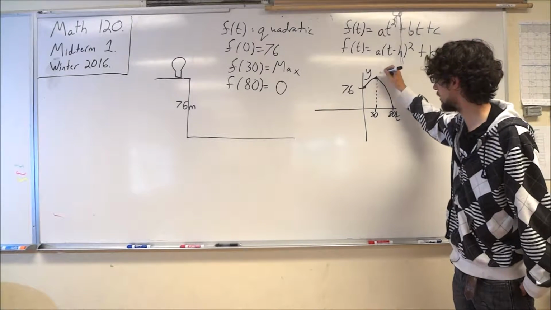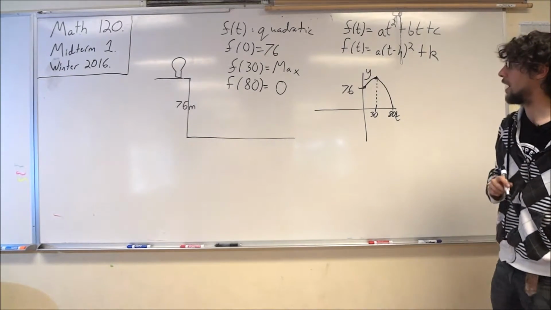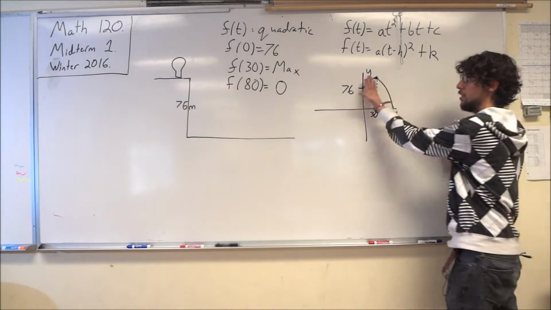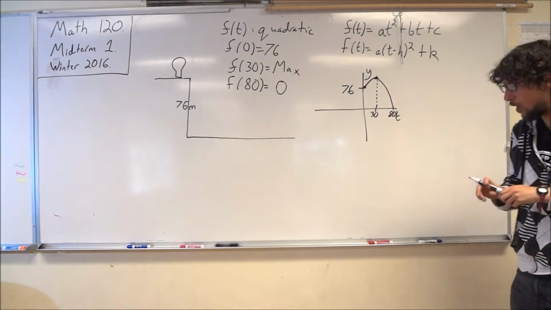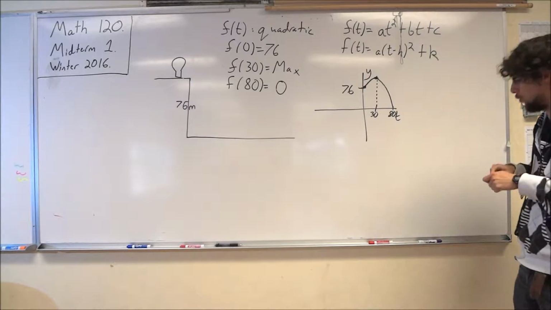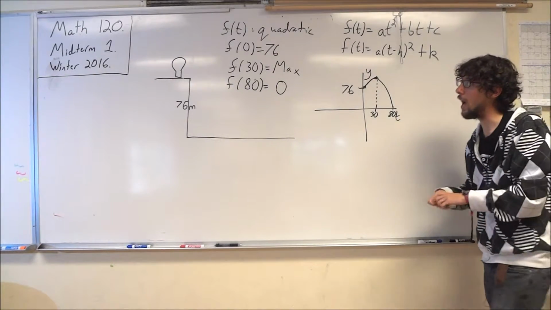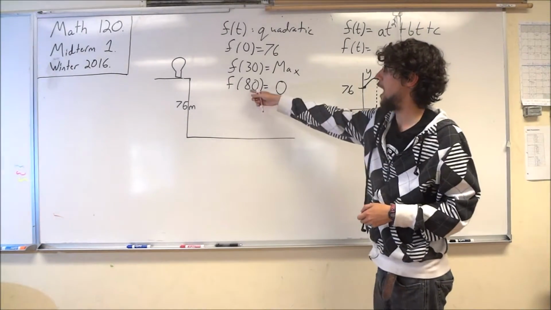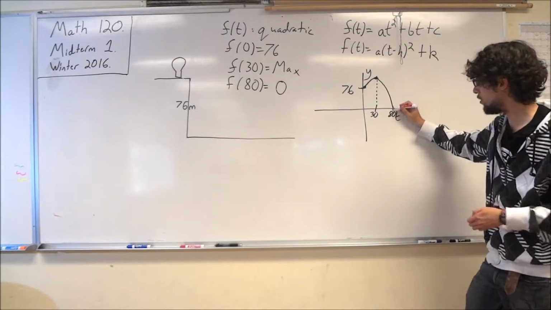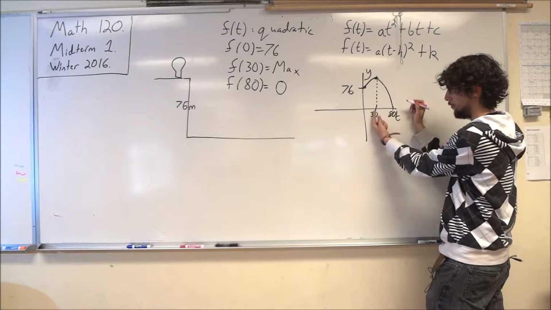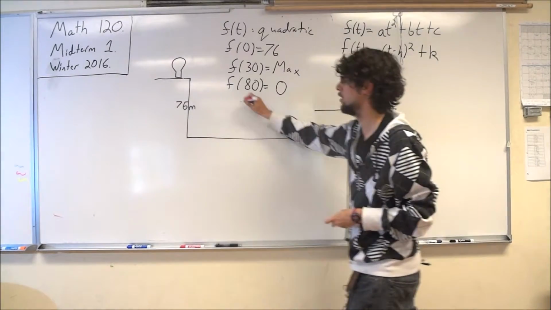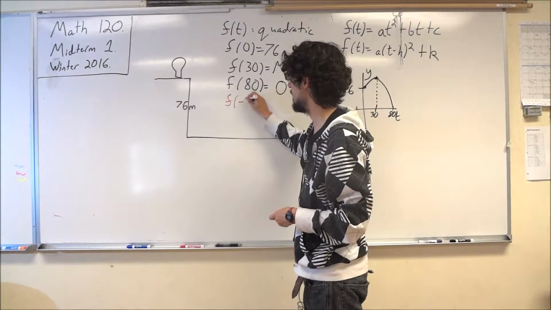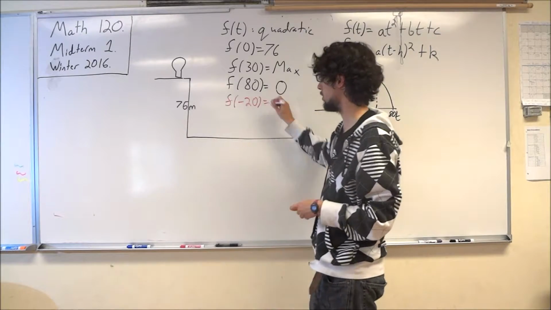This is supposed to be the vertex. I can draw a line here, and this image mirrors perfectly nicely. So I, in fact, get 2 extra points if I want them. I get that not only is f of 80 0, but also this point, 50 over this way, I have that f of negative 20 is also equal to 0.